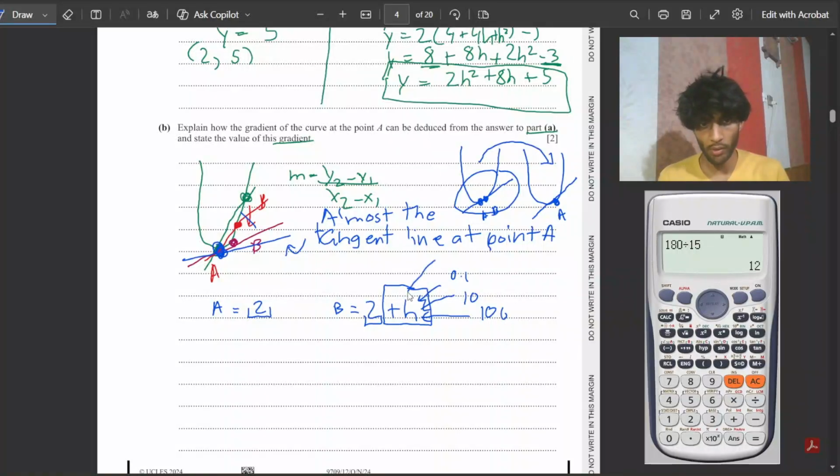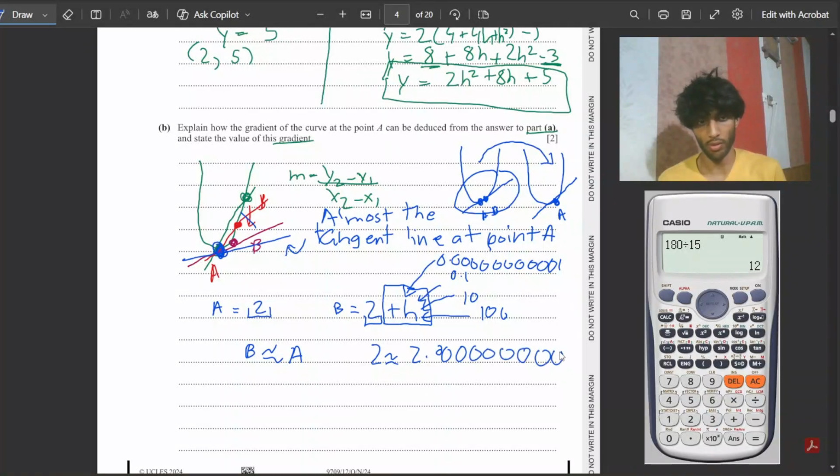But if you put in a really tiny value, like 0.00000000001, this B coordinate would almost be the same as the A coordinate. It's almost going to be 2, right? 2 is almost equal to 2.00000000001. Okay, so they're almost equal to each other.